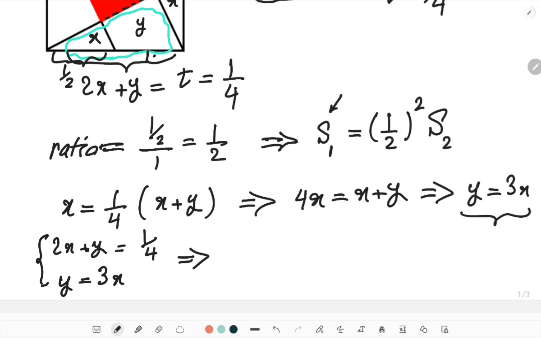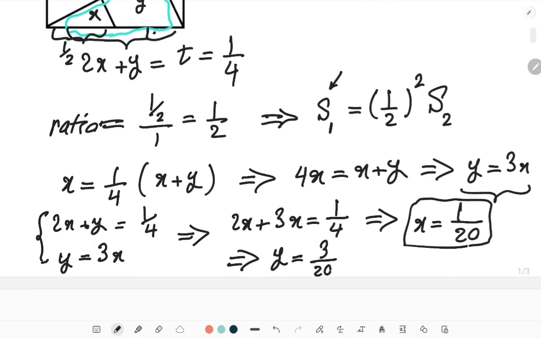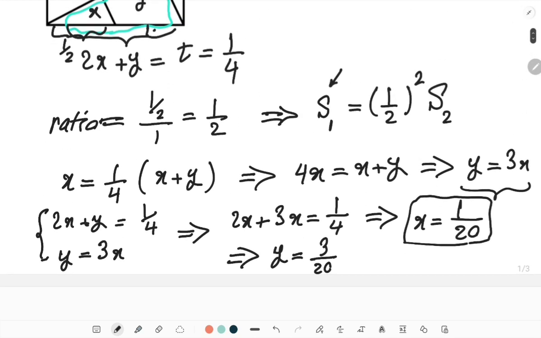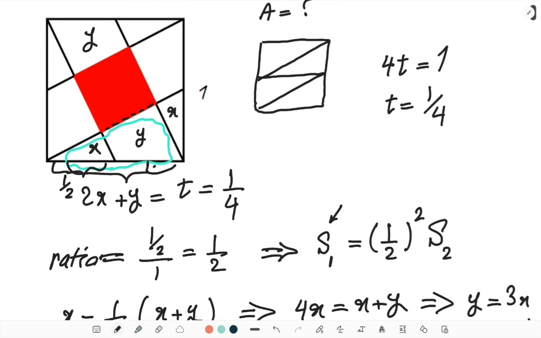Then I get 2x plus 3x equals 1 over 4, or in other words, x equals 1 over 4 divided by 5, which is 1 over 20. So I found x. And as a result, I can say y equals 3 times x, which is 3 over 20.